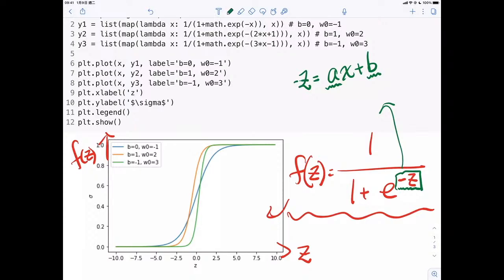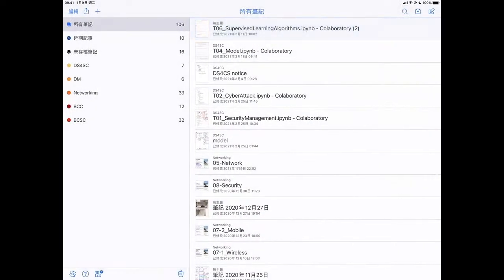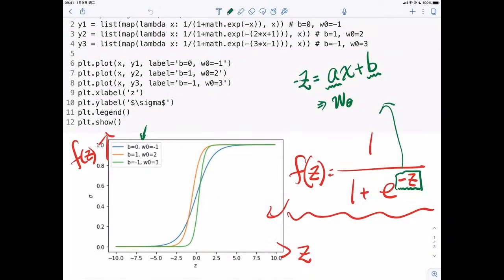I use w right here, so it's like w0 x plus b, which is the same.